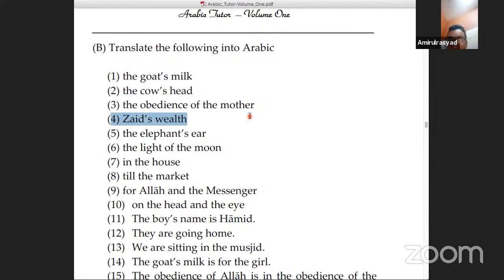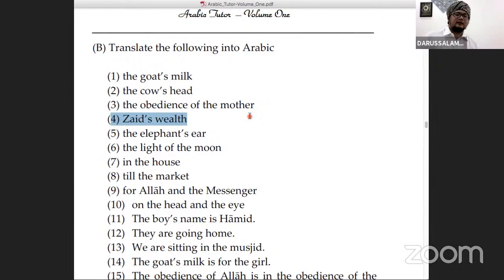Zaid's wealth, or another way of saying it in English, the wealth of Zaid. You can translate as Zaid's wealth or the wealth of Zaid. Okay, translate that now. What's wealth in Arabic? Mal.